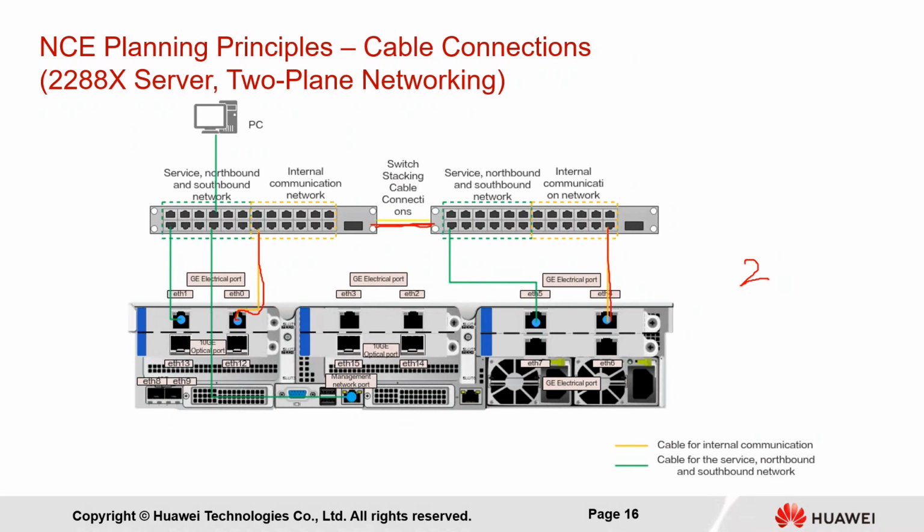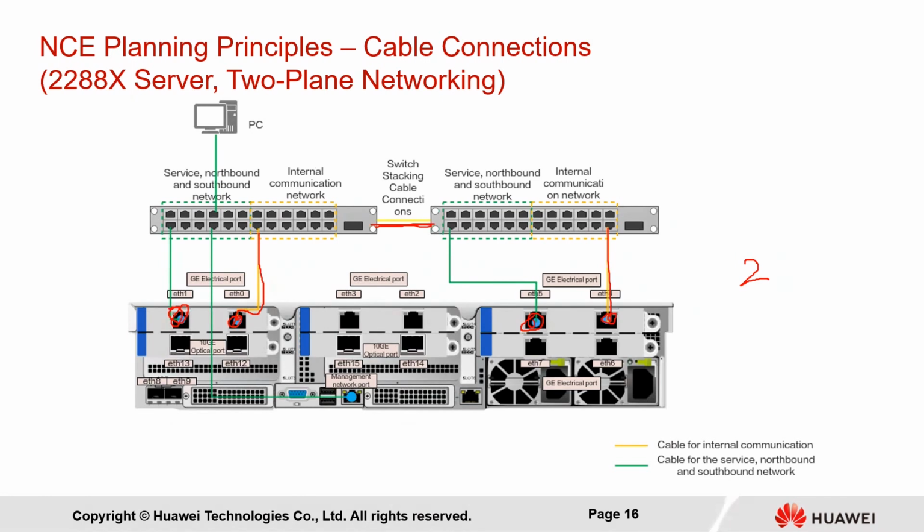And in this networking, we connect the network ports Ethernet 1 and Ethernet 5 to the combined plane, and connect Ethernet 0 and 4, look, 0 here and 4 here, to the internal communication plane.